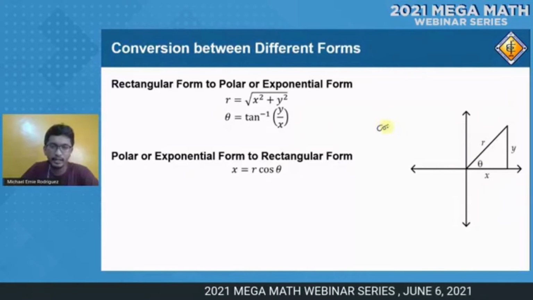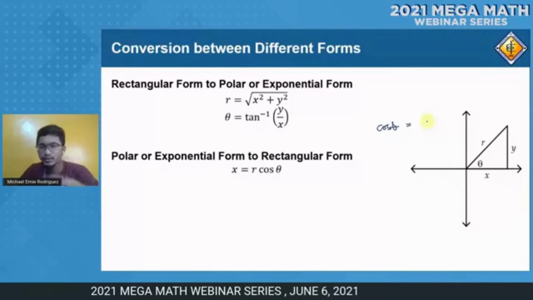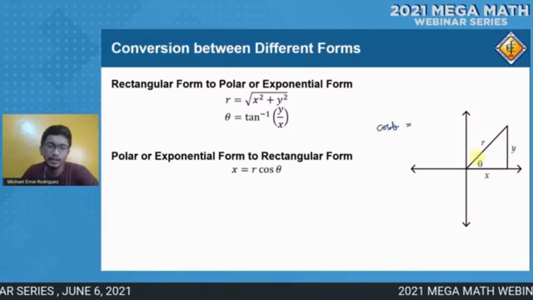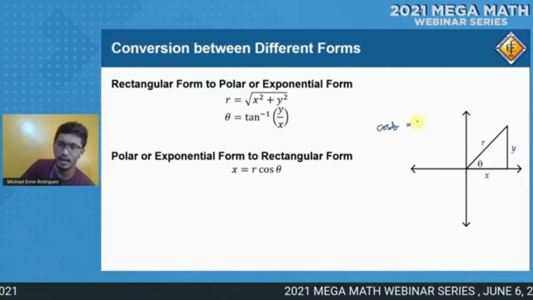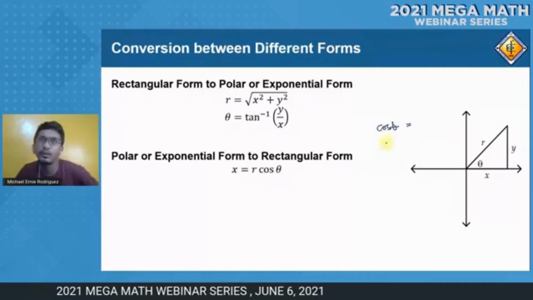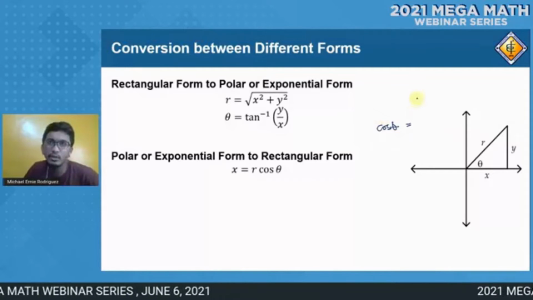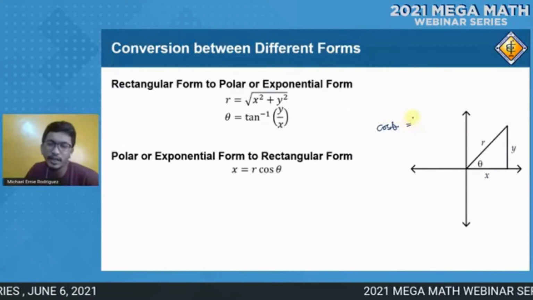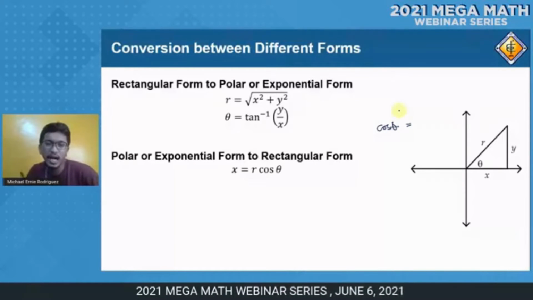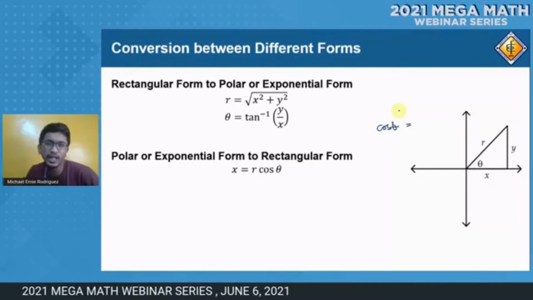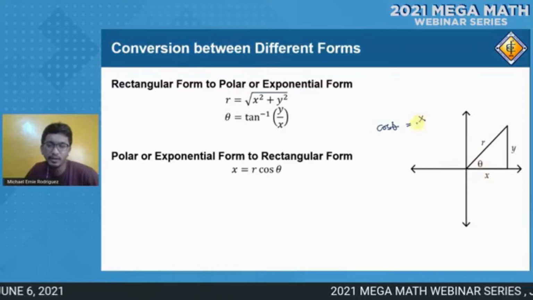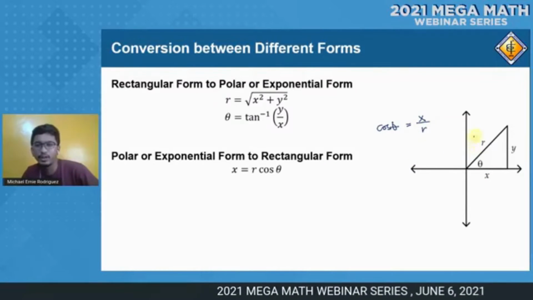That is adjacent over the hypotenuse, since cosine is CAH: cosine, adjacent, hypotenuse. So we have x over r, where r is the hypotenuse.